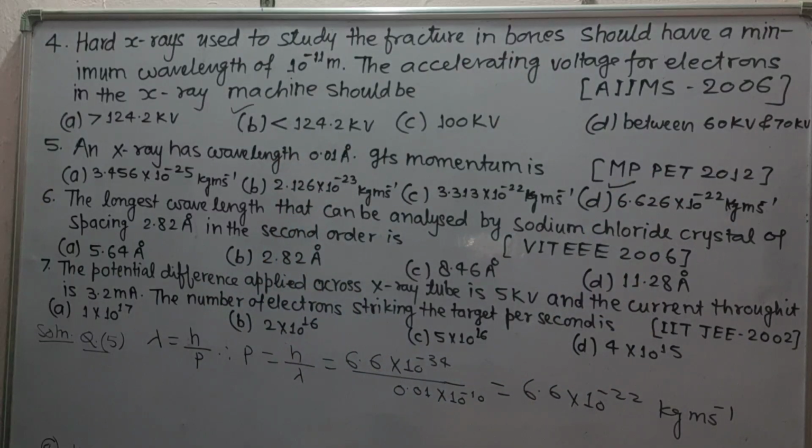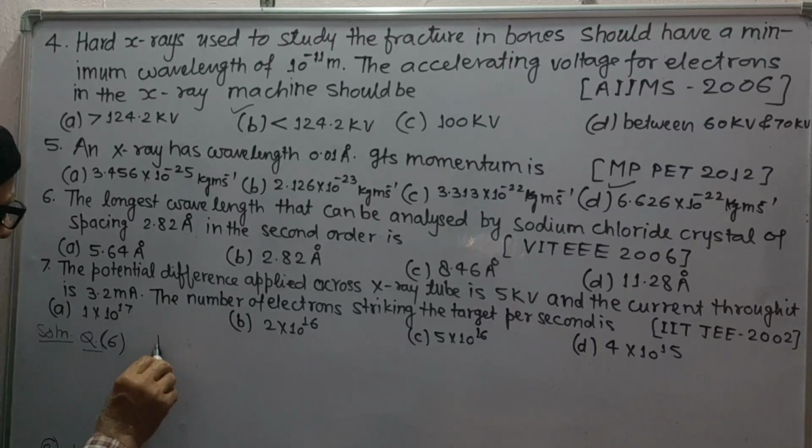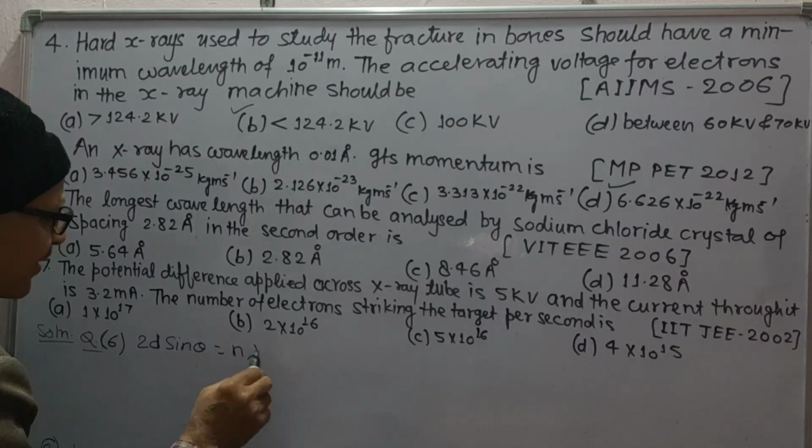Next question number 6. The question is longest wavelength that can be analyzed by sodium chloride crystal of spacing 2.82 angstrom in the second order is. These are the options. Now solution to question 6. From Bragg's law, 2d sin theta is equal to n lambda.